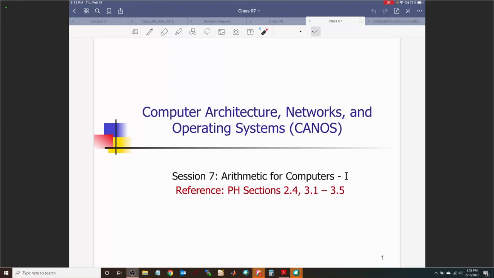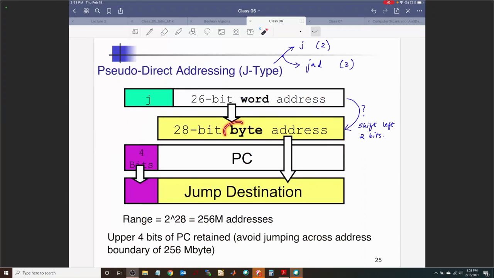Why is the range 2 to the 28 with always 2 zeros at the end? So we are looking at bits, right? Let's see. Where is it? Right here. I said megabyte, right? I didn't say megabit.